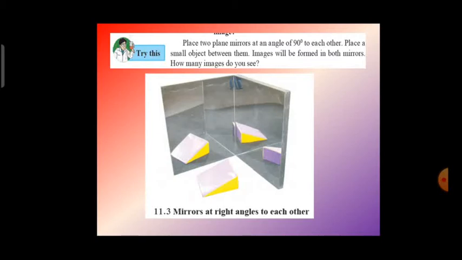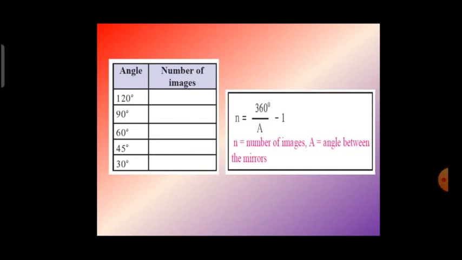Now, if you change the angle between the mirrors as given in the following table and count the number of images each time, find out how the number is related to the measure of the angle and find the relationship. Eventually, you find that you can calculate the number of images with the formula 360 degrees divided by the angle, minus 1.